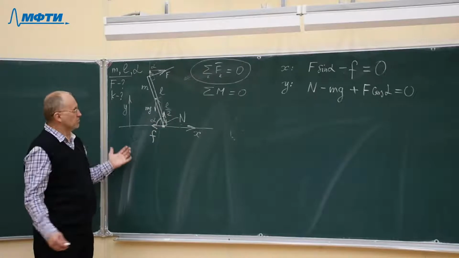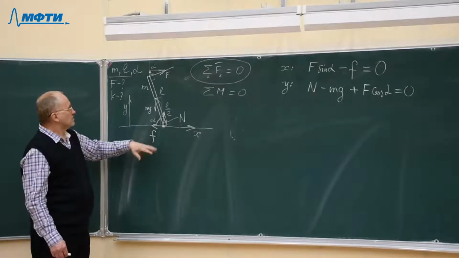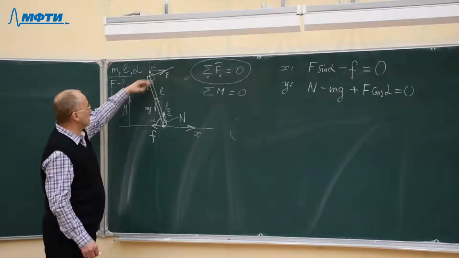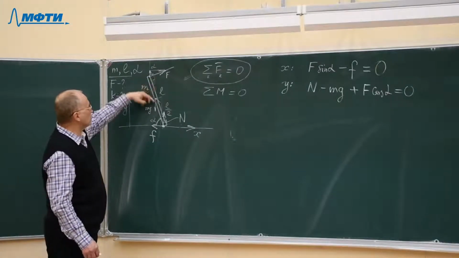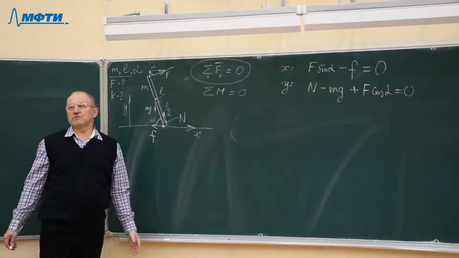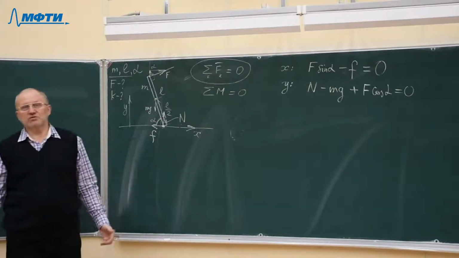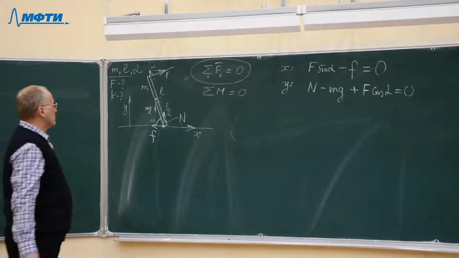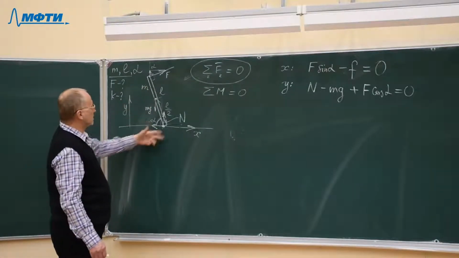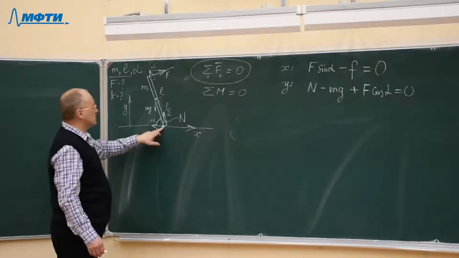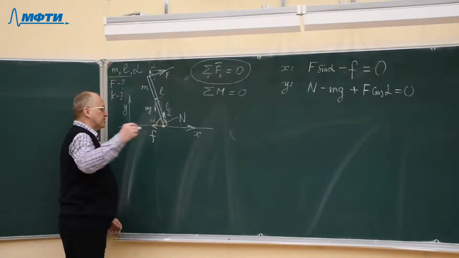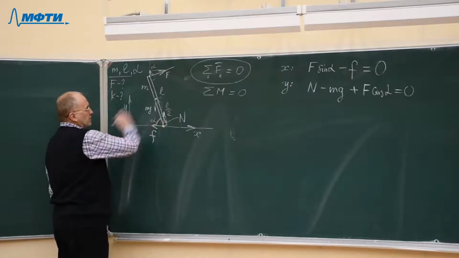It's more convenient when we have to take into account only two remaining forces, F and mg, instead of four forces. So we choose this point as the axis of rotation, which in this case is perpendicular to the plane of this sketch.